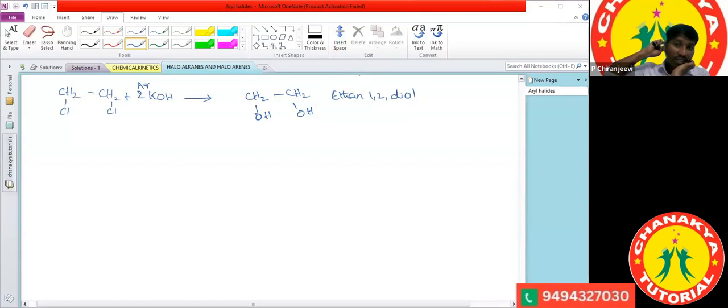Right. So that is the answer here: a 1,2-diol. Diols are going to be formed from the vicinal dihalides.